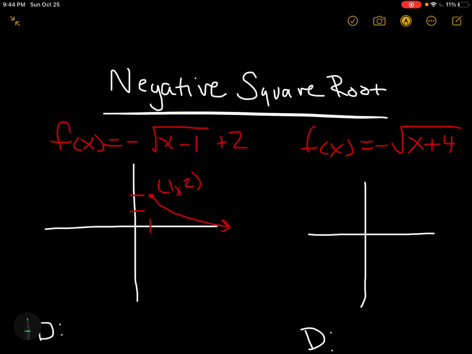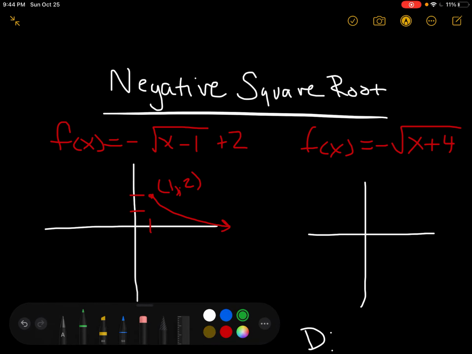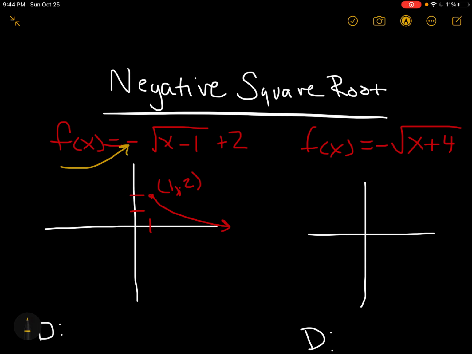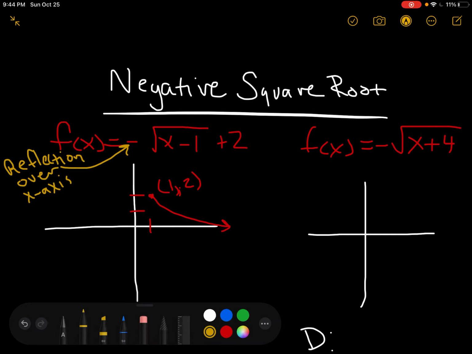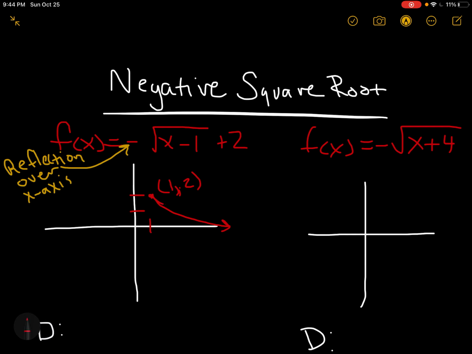What this negative does is create a reflection over the x-axis. So what that reflection does is cause my graph to now go down. We can see that my graph is no longer going positive, it's going down.